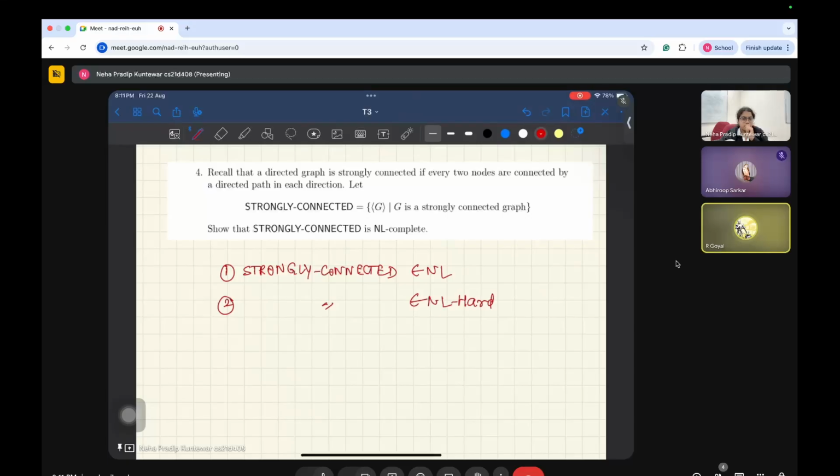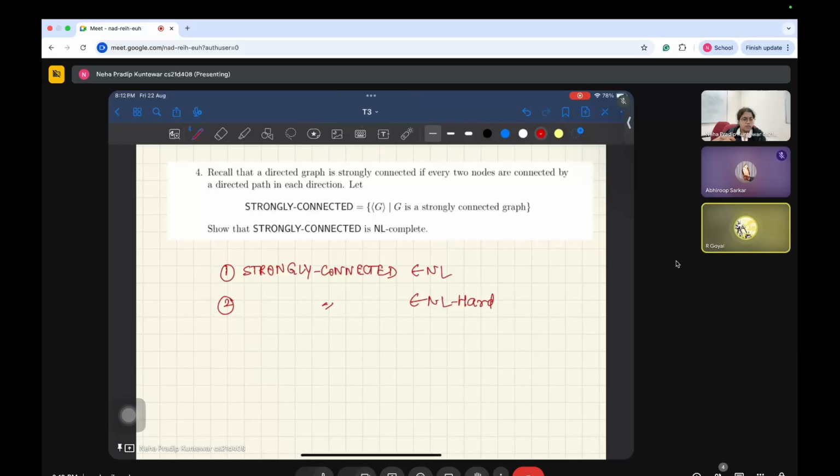Say from A to B, B to C, C to D, and D to E. If this certificate is given to me, then I can tell you whether I can traverse from E to A back by using logarithmic space. So how to show that a language belongs to NL? If you give me the certificate, then I should be able to verify the certificate in logarithmic space. If you give me a path from A to E, I can tell you whether there exists a path from E to A or not by using a logarithmic amount of space, by just storing the counts. That's it, and nothing more than that.